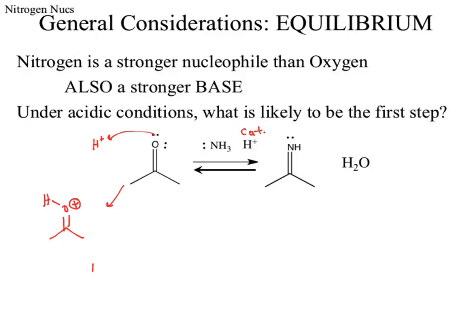This very quickly reacts with our nitrogen species to produce what is known as the tetrahedral intermediate. Why is it known as a tetrahedral intermediate?